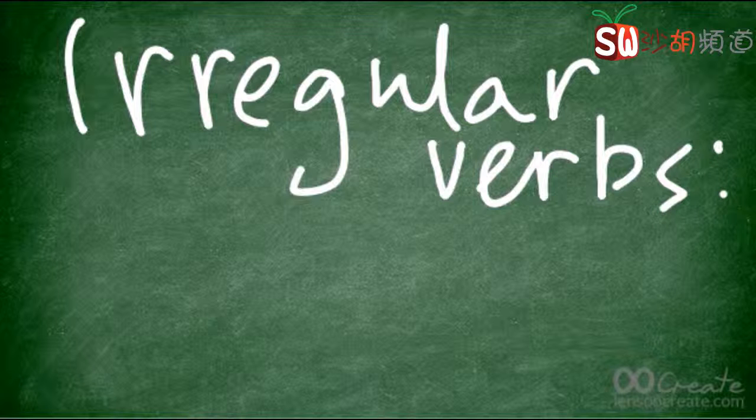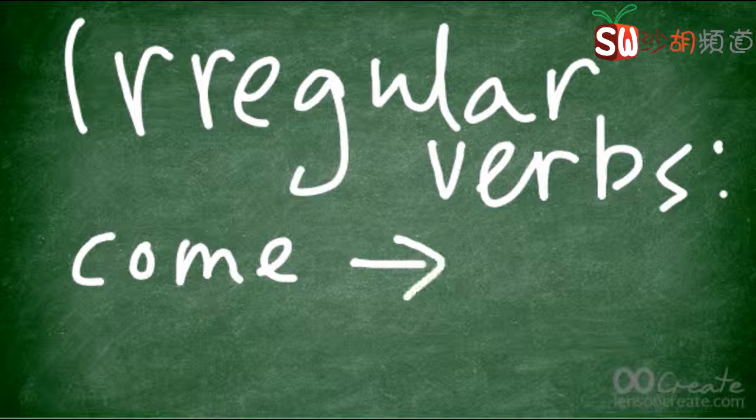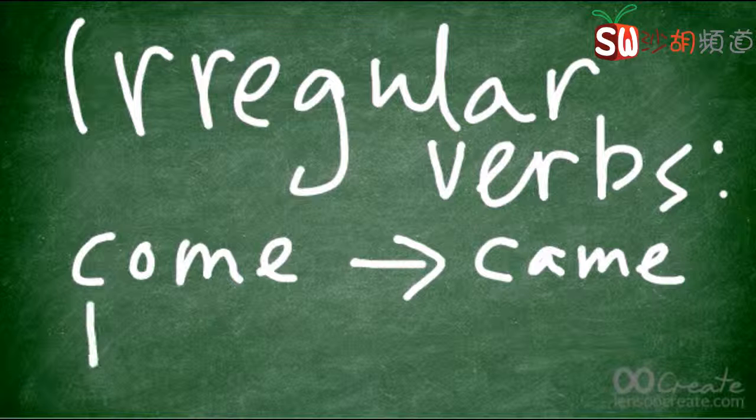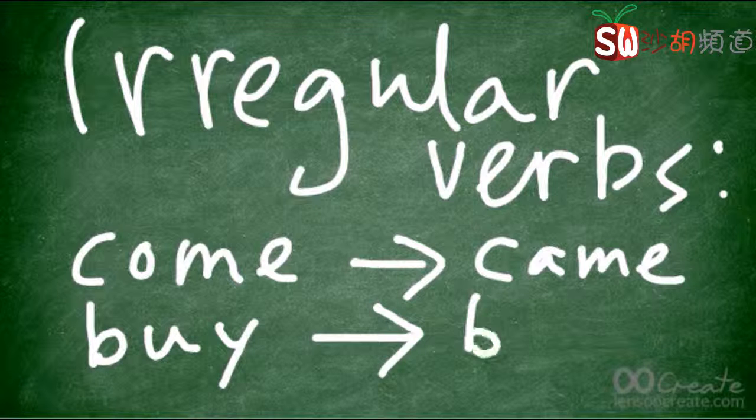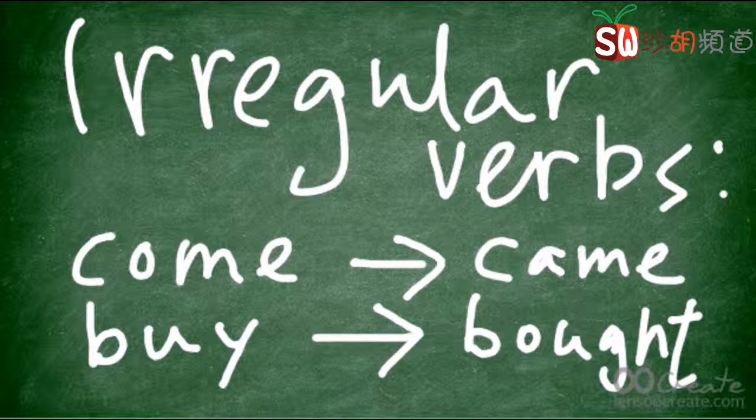For example, come changes to came. There are no rules, you need to remember. For example, buy, bought. There are no rules, you need to remember.